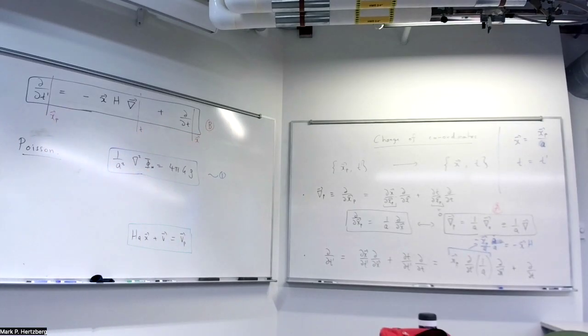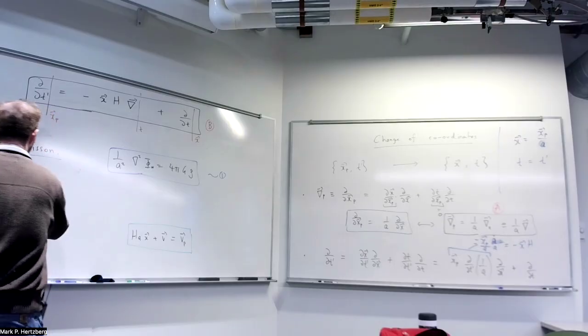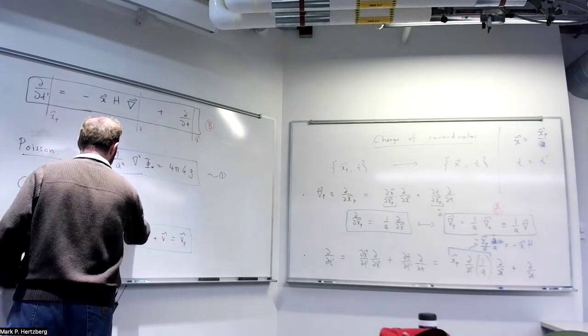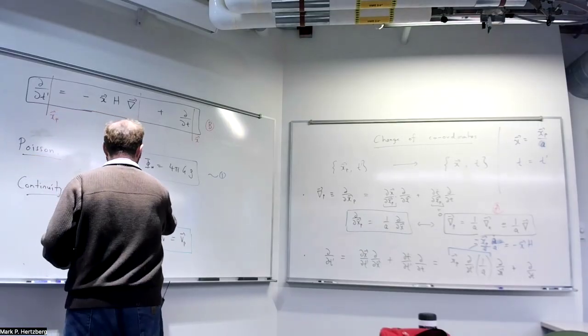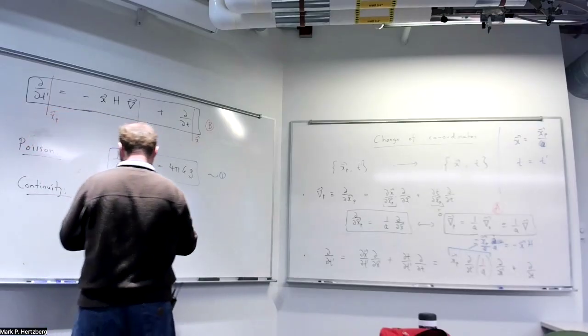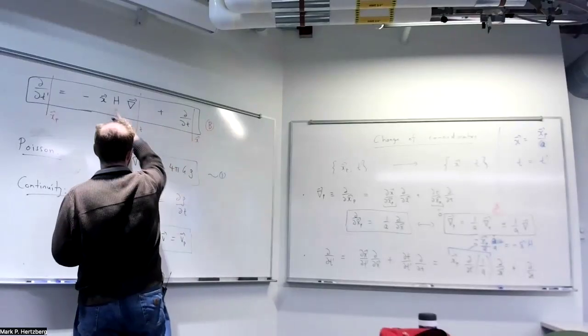Now we'll try the continuity equation. Okay, the left-hand side, d rho dt prime. By this rule, I'm going to write it as d rho dt. That's that piece. And then this correction.